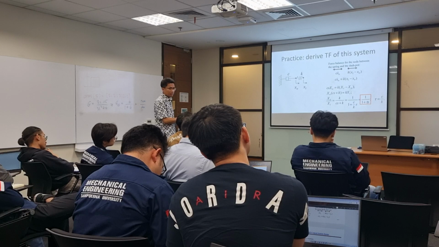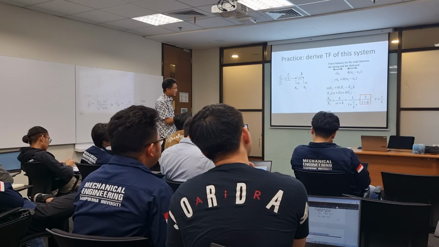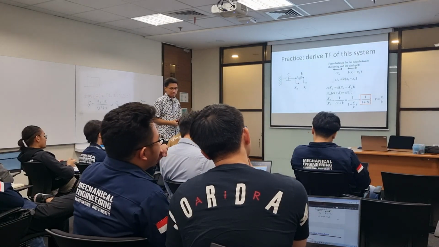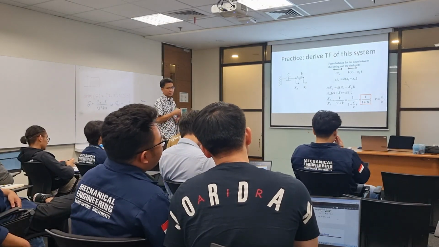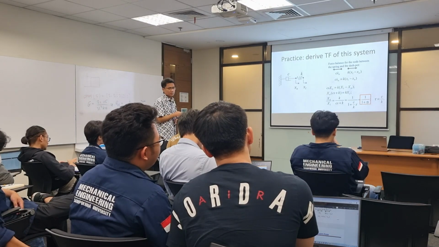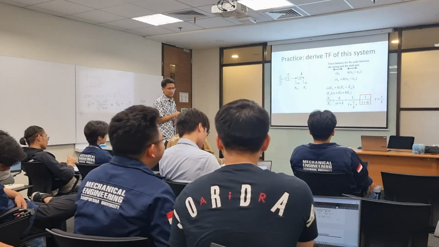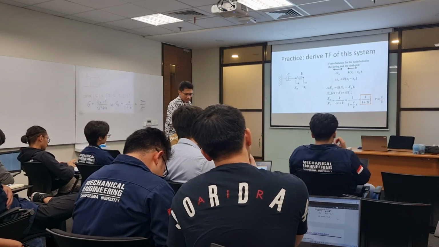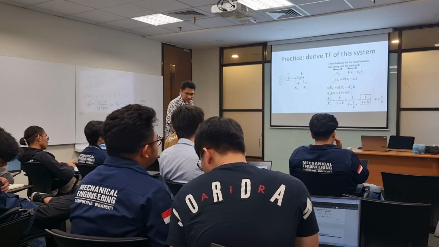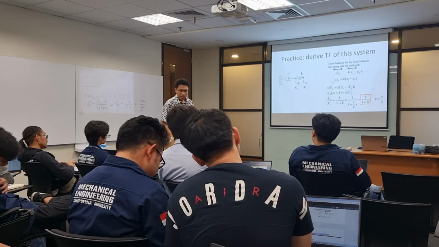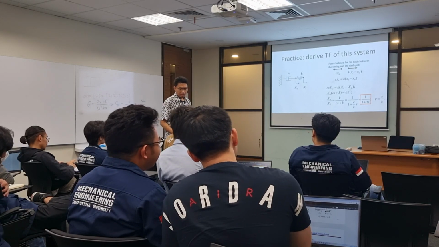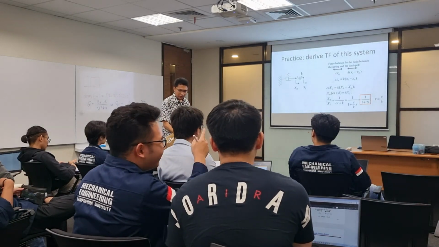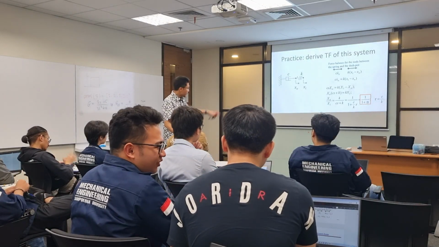You are pulling this point to the right. The damper will surely resist it because this endpoint is fixed. Let's say you hold it tightly, you pull it to the right, and then I pull it to the left.